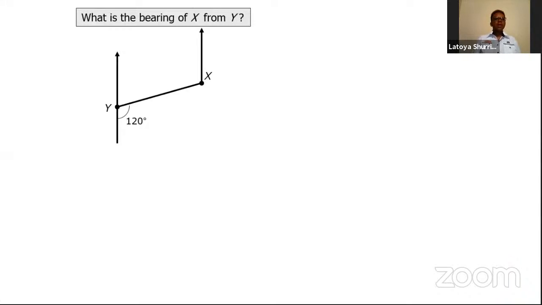What is the bearing of X from Y? So here we have an image, and we want to know what is the bearing of X from Y. So where is your starting point? Where are you going? And what is that bearing?